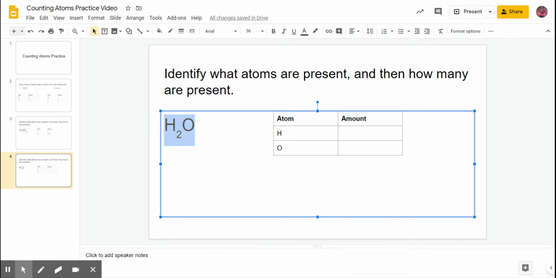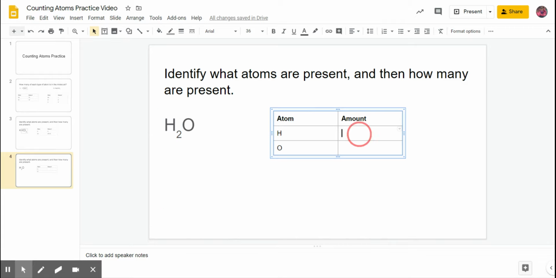Since this subscript, this 2 right here, is only talking to the atom before it, it only goes to the H. So that 2 is only part of the H. It doesn't care about this O. The subscript only cares about the atom before it. So that means this O has no subscript, no coefficient. We know that none means 1.